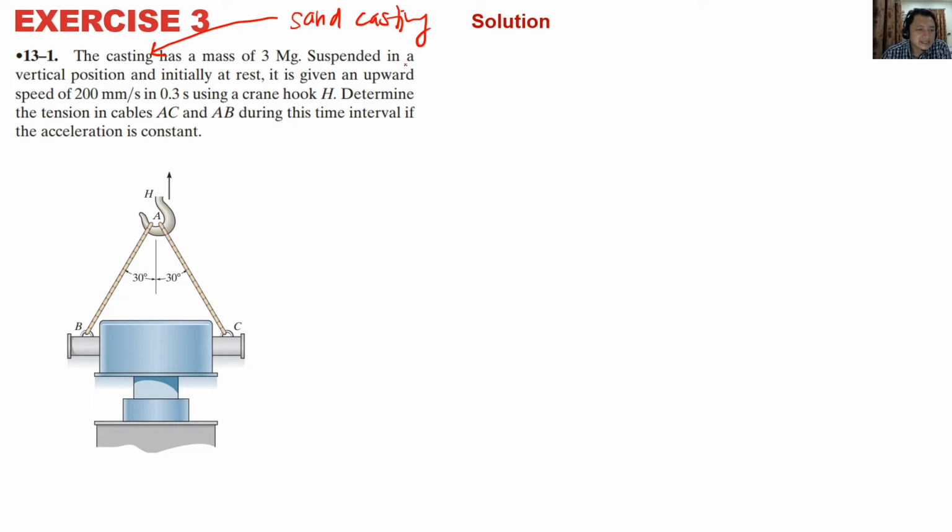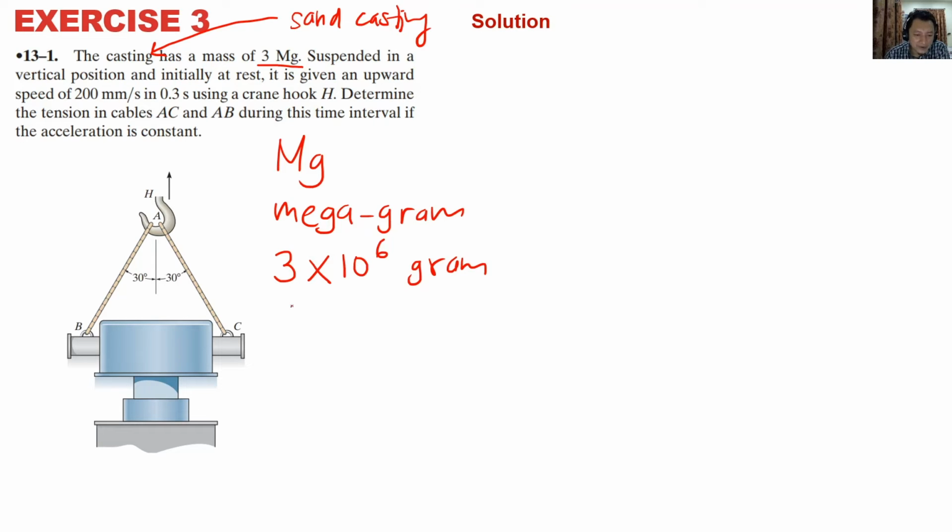This has a weight of 3 megagram. Capital M, small g, stands for mega. Megagram, so 3 times 10 to the power of 6 gram, or 3000 kilogram, or 3 ton.